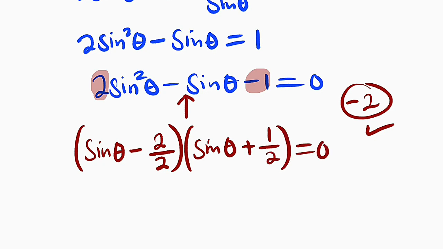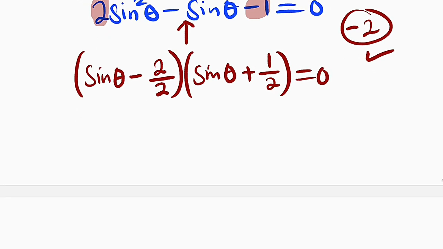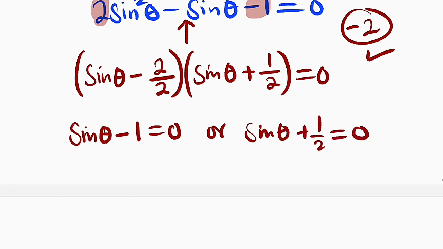The whole of this equal to 0. All right. Having these two factors multiplying each other and the result is 0, it implies that either sine theta minus 2 divided by 2, which is 1, equal to 0, or the other one, sine theta plus 1 divided by 2 is equal to 0.